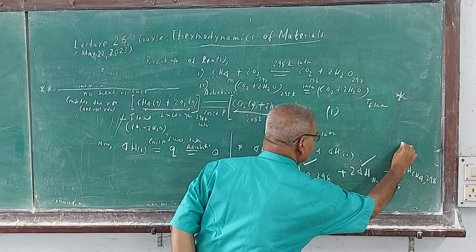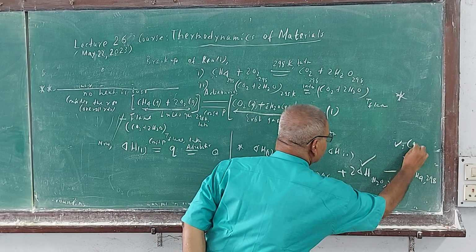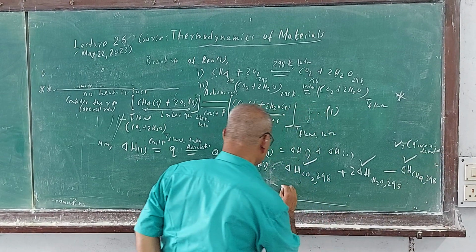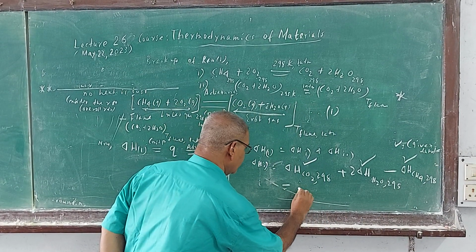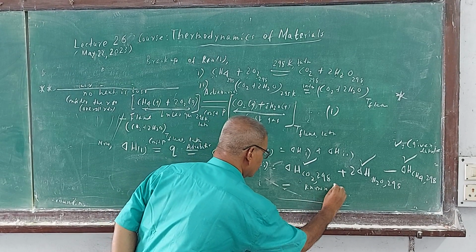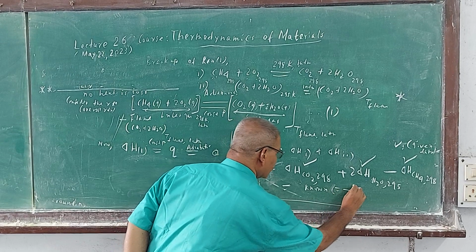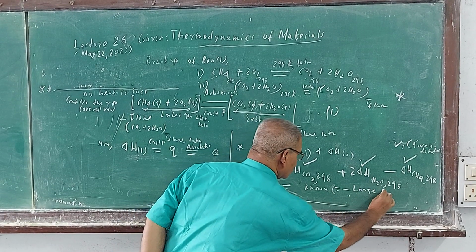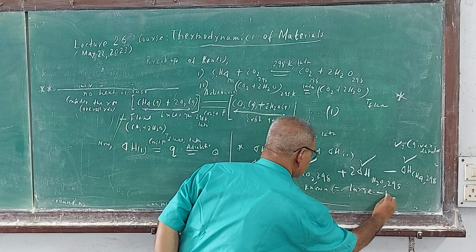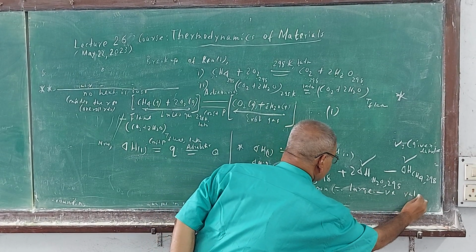Given. These are given data. So this will be known, and it is a large negative value.